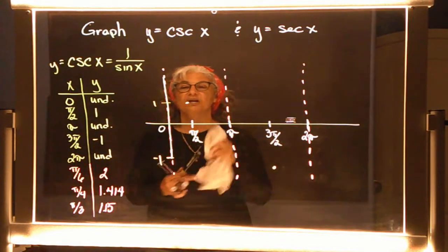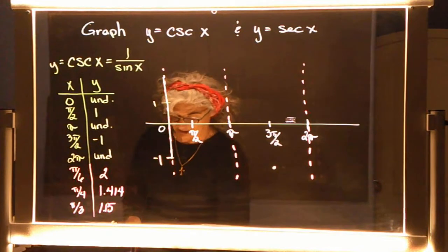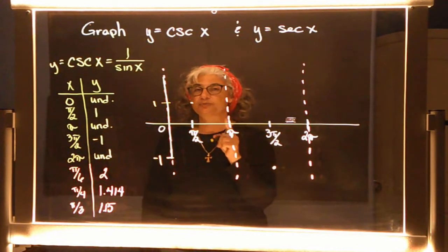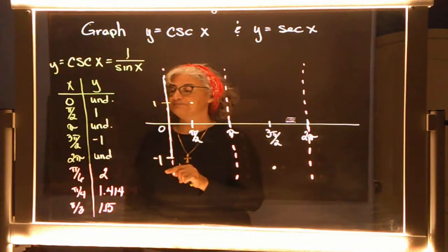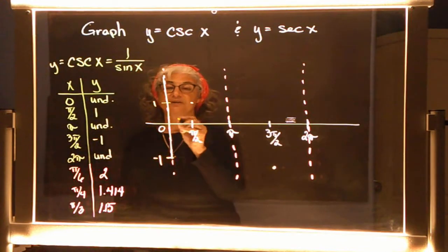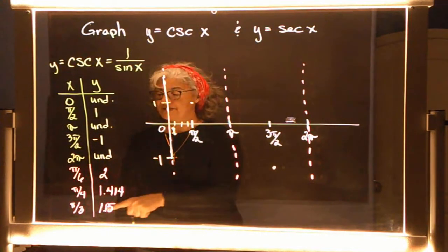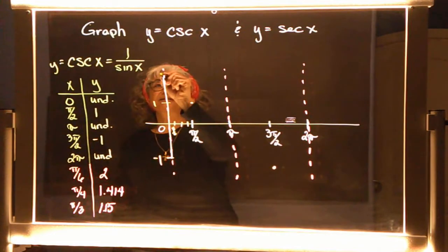Agreed? So knowing that is going to help me find the shape of this particular graph, at least in first quadrant. So pi over 6, that was my 30 degrees. 45 degrees was pi over 4, and pi over 3 was the 60 degrees. So at pi over 6, I got 2.